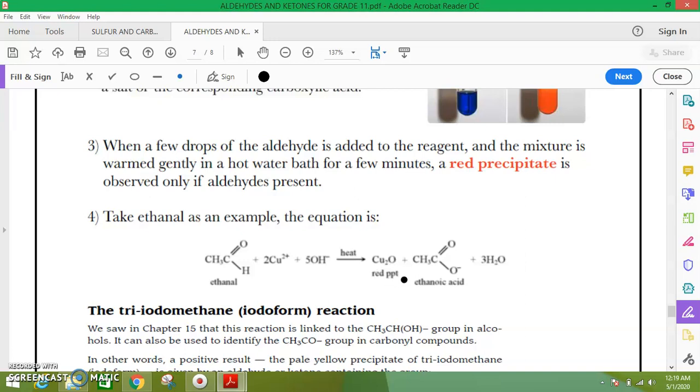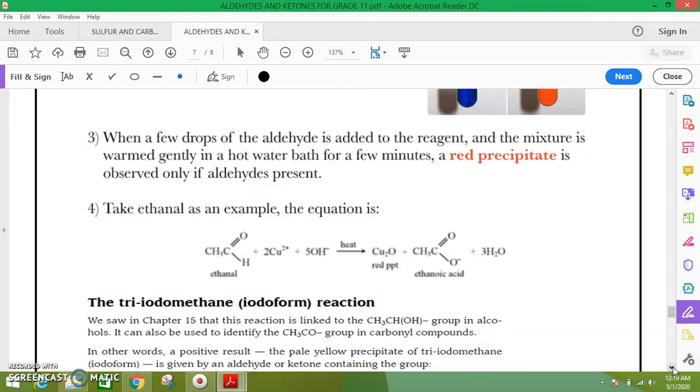It's a red precipitate. Sometimes you get red-orange, that's okay also. Plus this is the salt you get, because the aldehyde reduces the copper but is itself oxidized into a salt of the carboxylic acid, that is ethanoic acid.